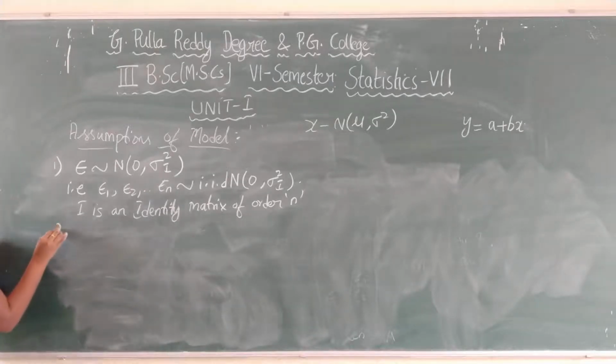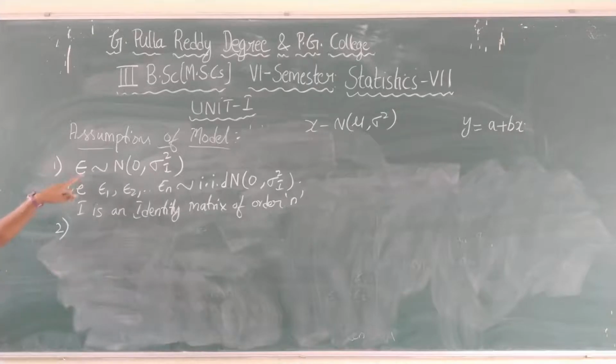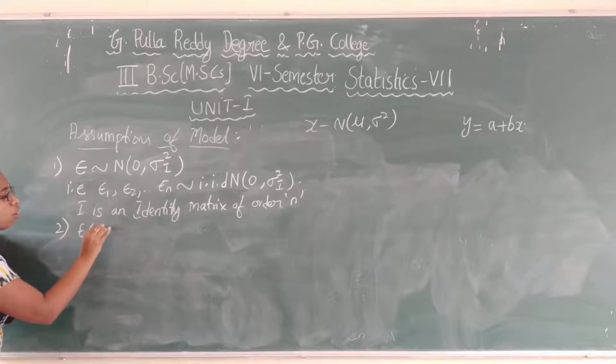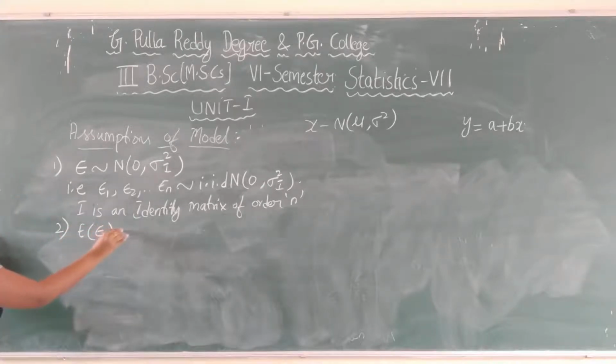Now the second assumption, which we write from the first assumption only: expectation of epsilon equals 0. What does expectation indicate? It is the mean value.